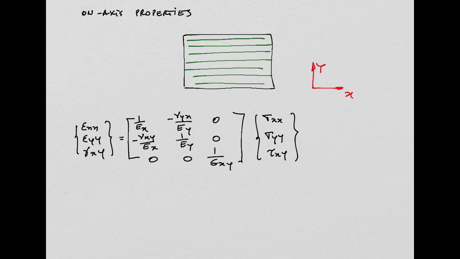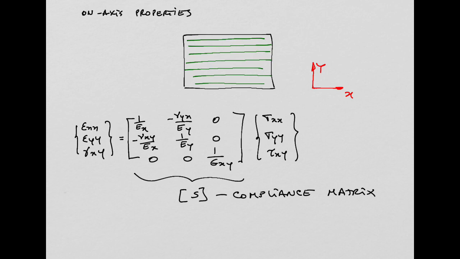So we call this matrix the compliance matrix, okay? Basically the properties that relate, so given a stress field, we can get the strain field by just multiplying the stress with this compliance matrix.